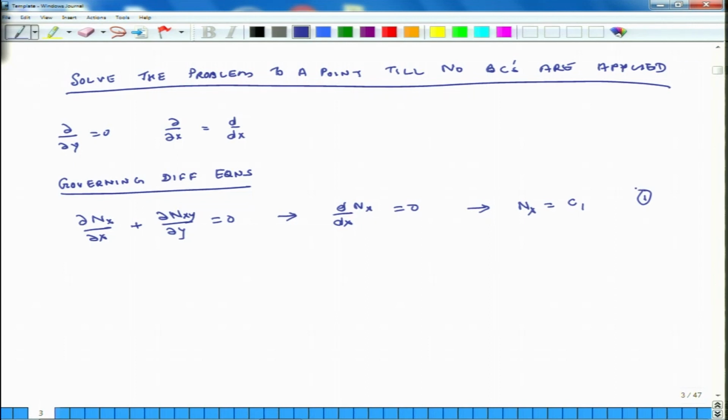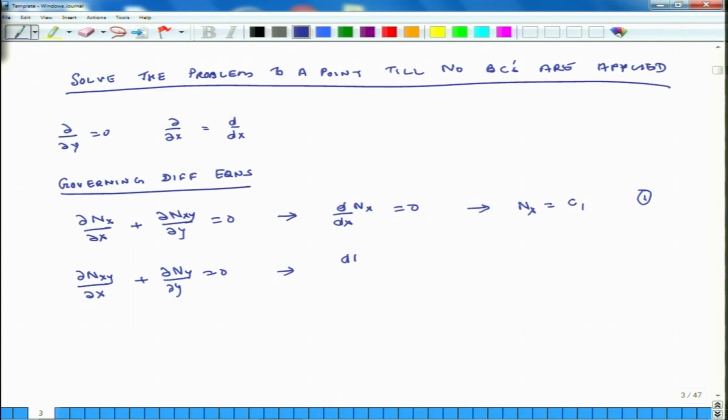So, so far we have not applied any boundary condition and we have not applied anything related to lamination sequence. So, this is valid for all the cases. What is the second governing equation? Del nxy over del x plus del ny over del y equals 0, and once again del over del y is very small and del over del x is same as d over dx.